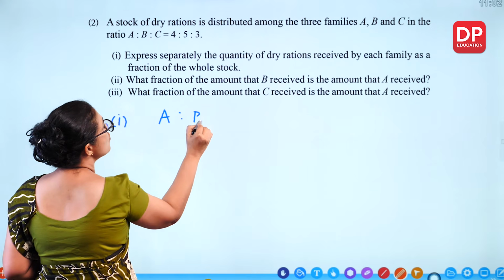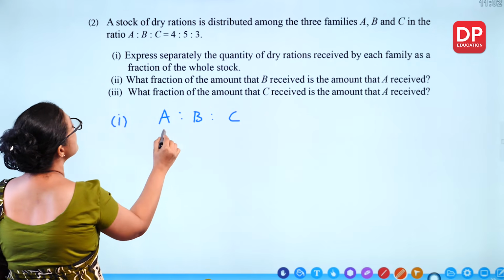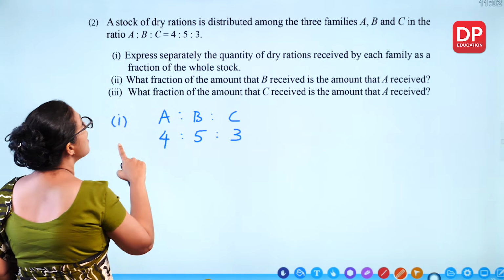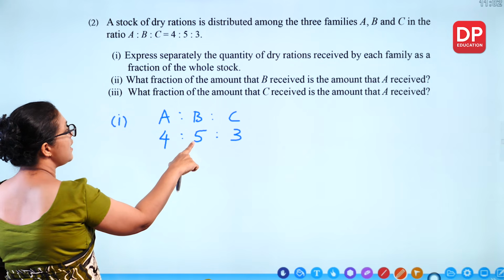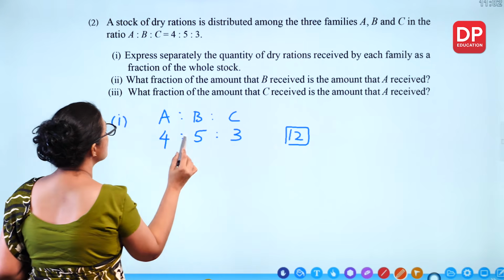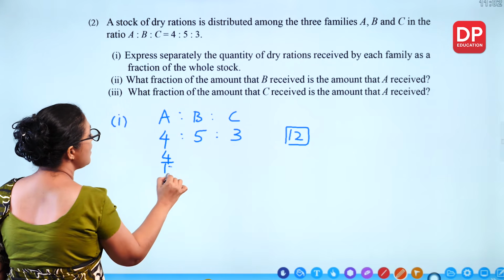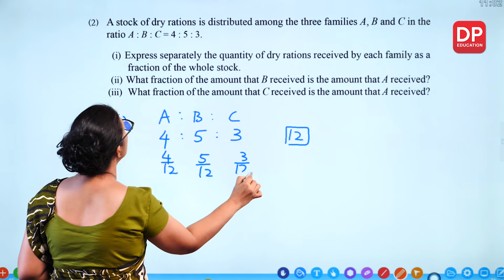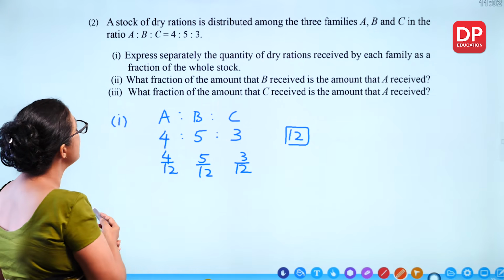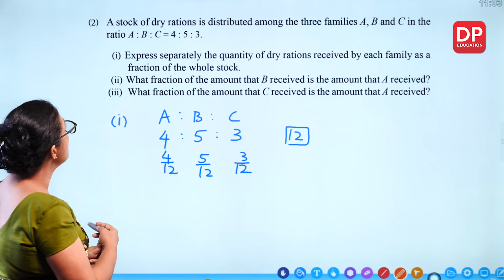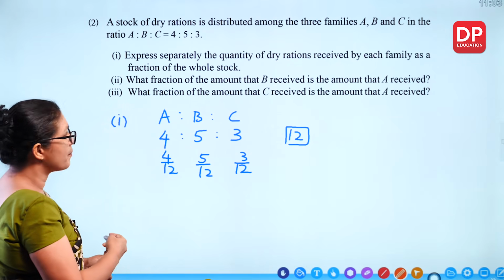A to B to C, 4:5:3. How many total parts? 9 plus 3, 12. So as a fraction, this is 4/12, 5/12 and 3/12. So express separately the quantity received by each family as a fraction of the whole stock.